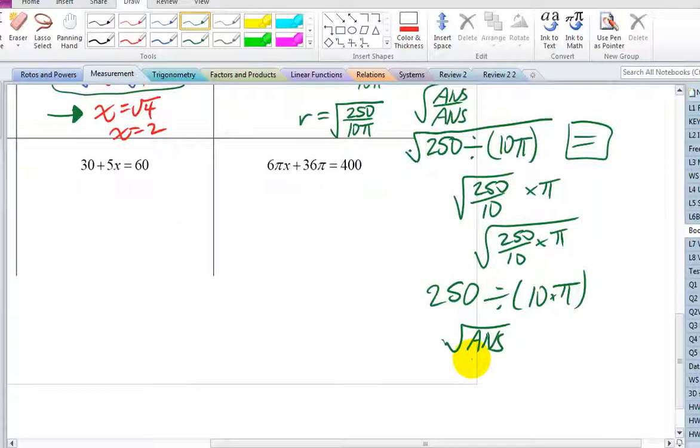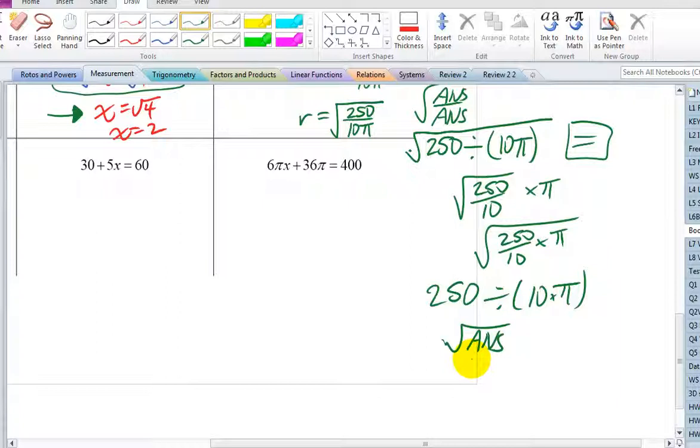Okay, no worries. 2.82. So, calculator issues.